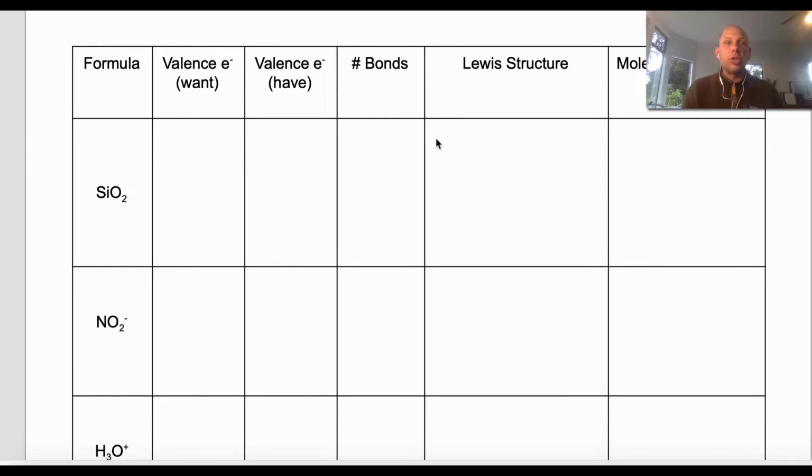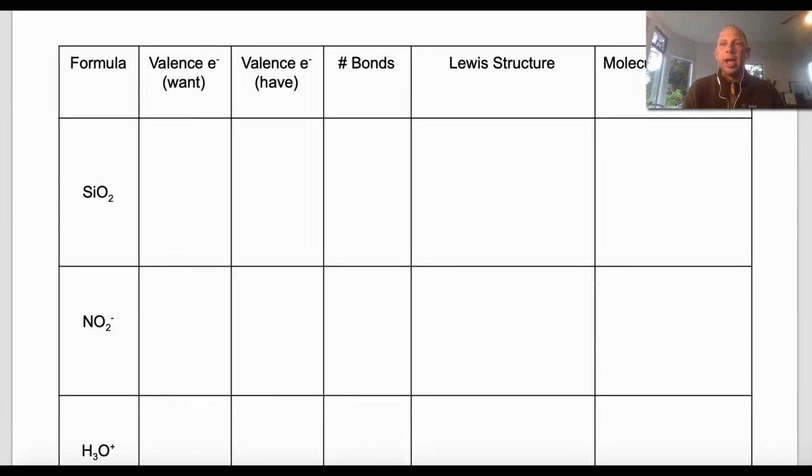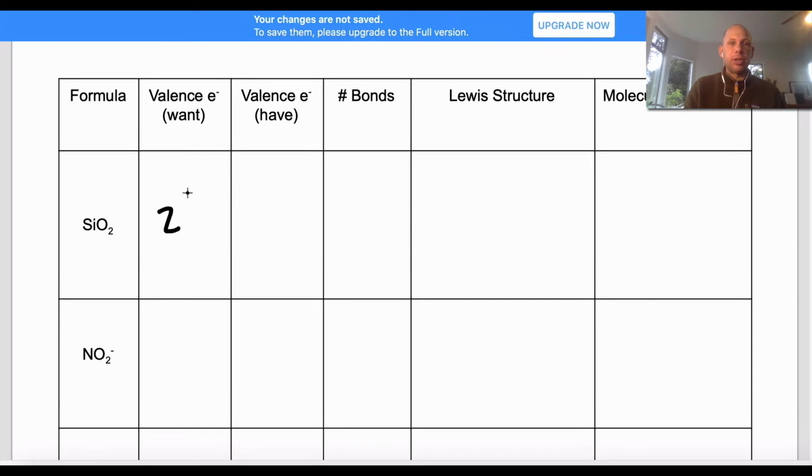So what I want you to do is open your handbooks up to those problems, starting with silicon dioxide here, and I'm just going to go through each of them and make sure you got it right. So valence electrons wanted here, that is 24. They all want 8. Valence electrons have, so this is 12, 6 times 2 here, plus 4.